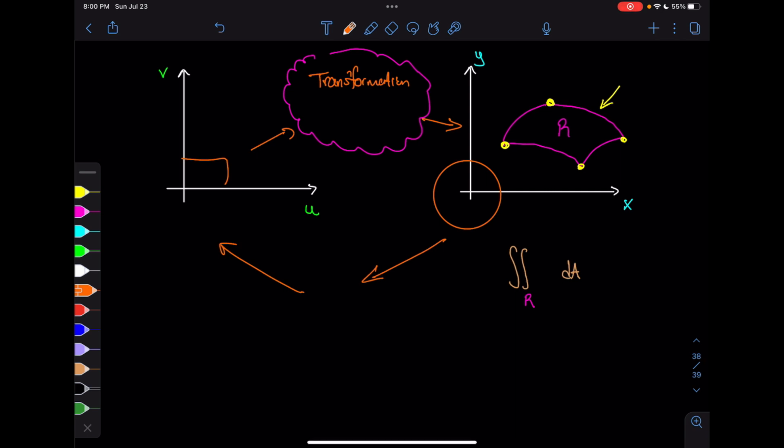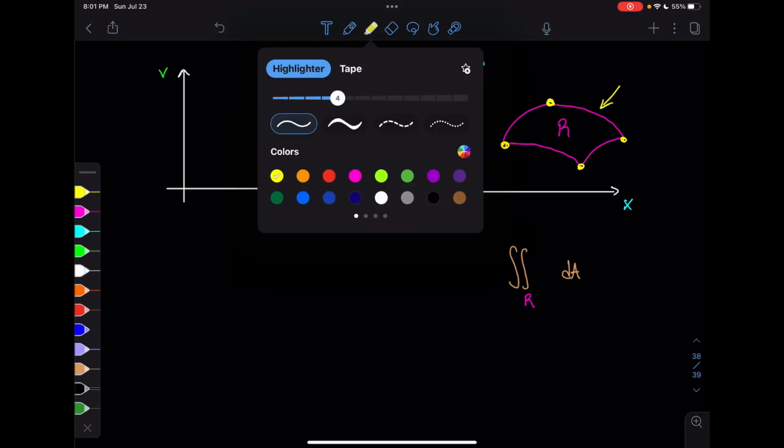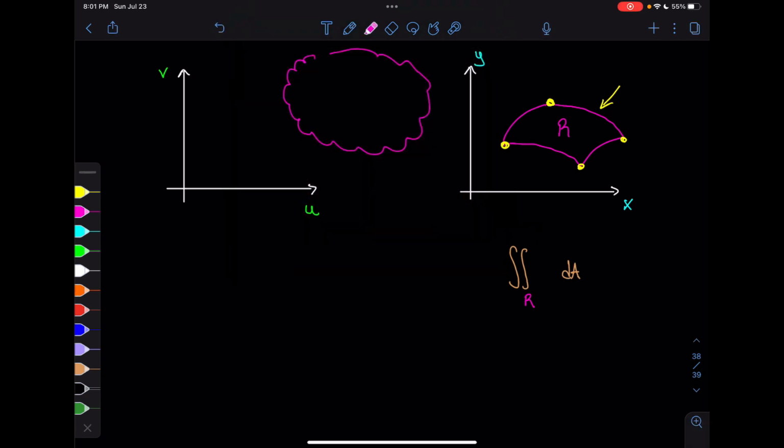Wow, isn't that nice? But the problem is, as you may have noticed, we don't have this transformation. We have a generic region R that we are trying to integrate over, right here. But I don't have a transformation. So how do we go about doing this?